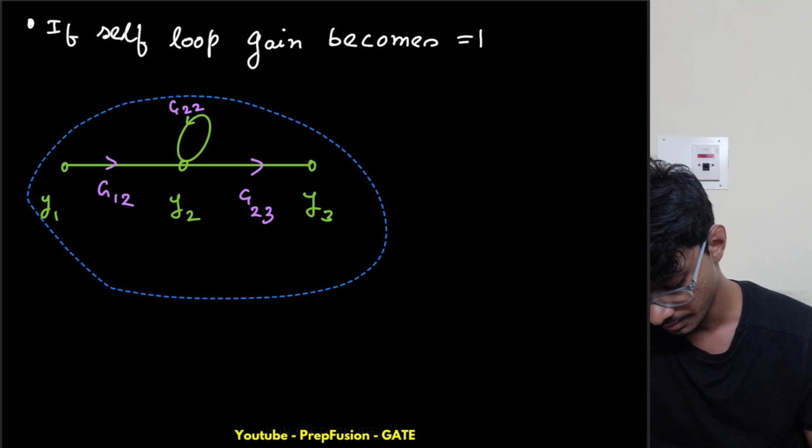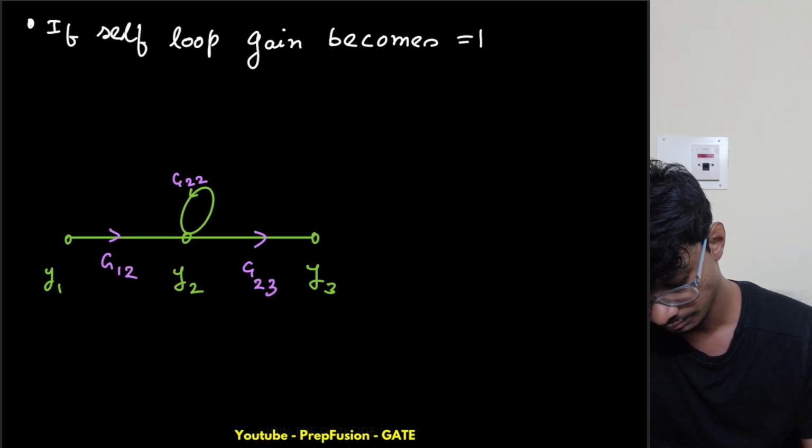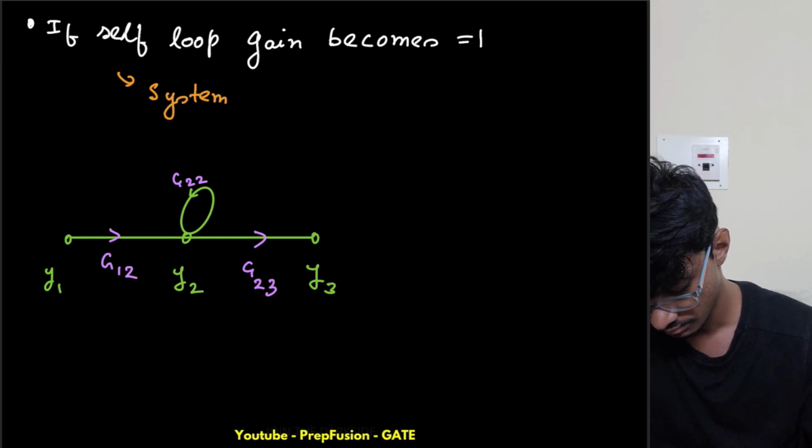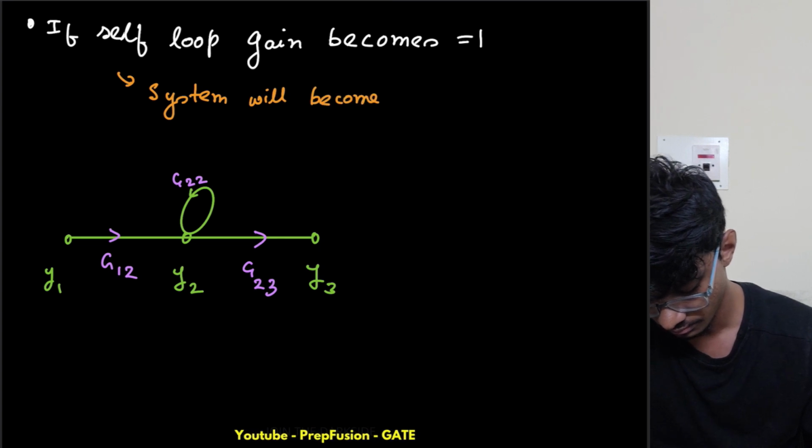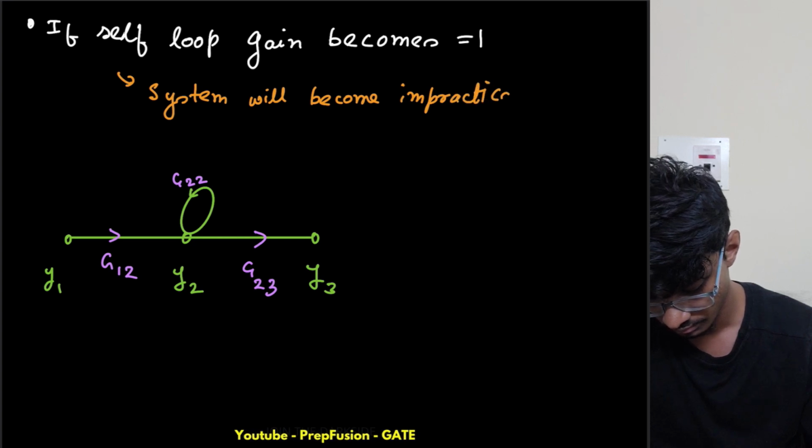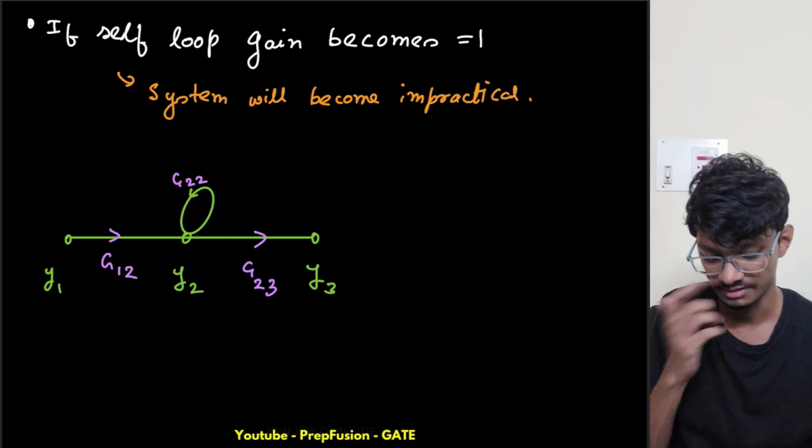The system will become impractical. Why?